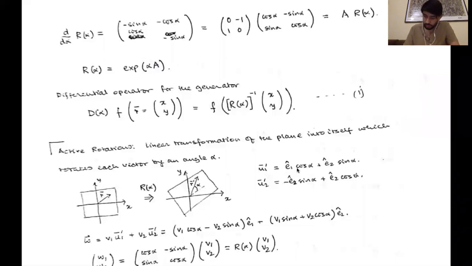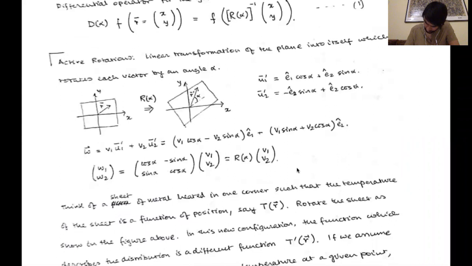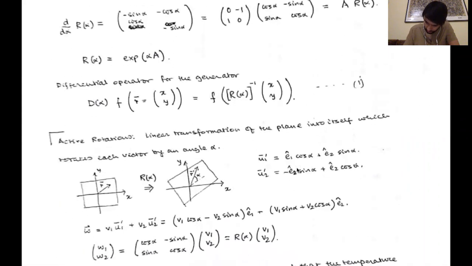So a little small issue here, but let's make sure that I correct that. So actually this is D of R alpha.